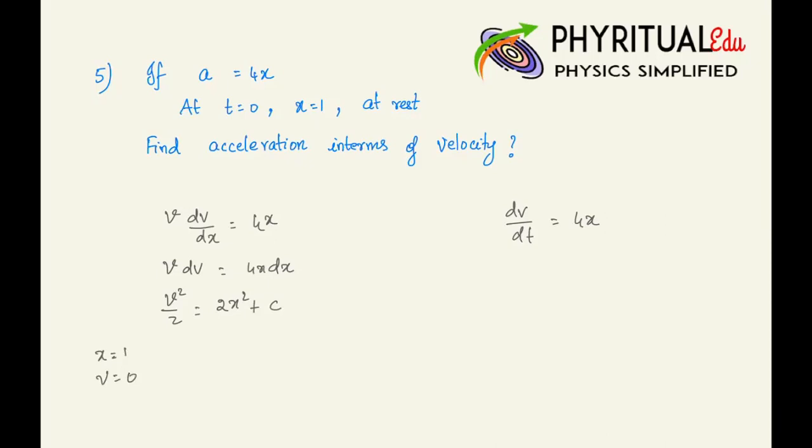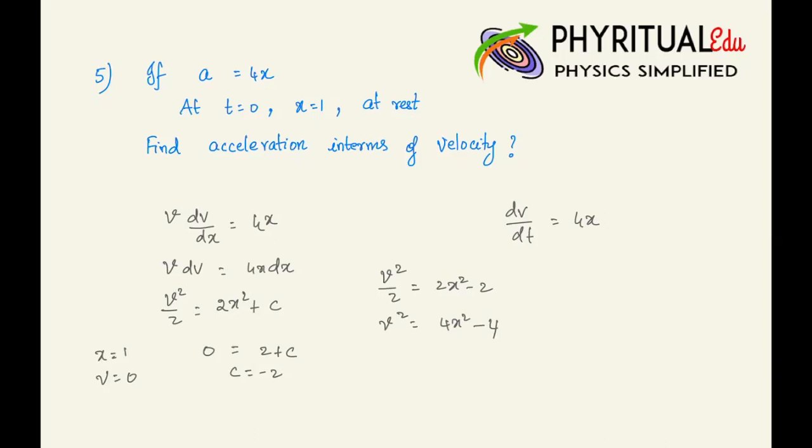Note that when the object is at rest, the position is x equal to 1. So you substitute. When v is 0, x is 1, so 0 equals 2 plus c, c will be equal to minus 2. We have v square by 2 equal to 2x square minus 2, or v square will be equal to 4x square minus 4. And this is the vx relation.